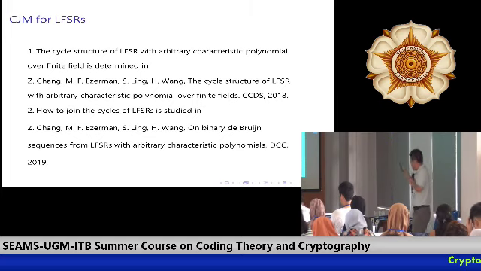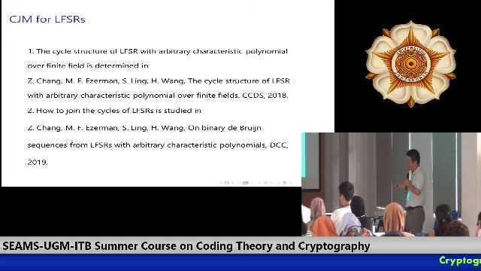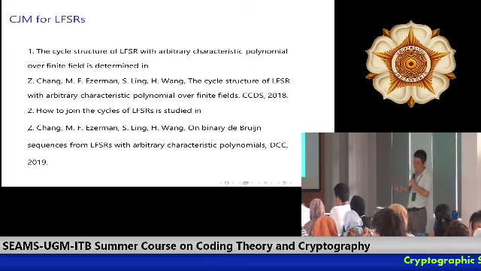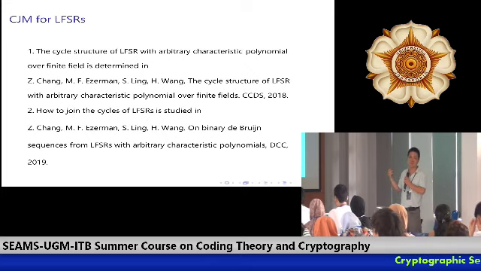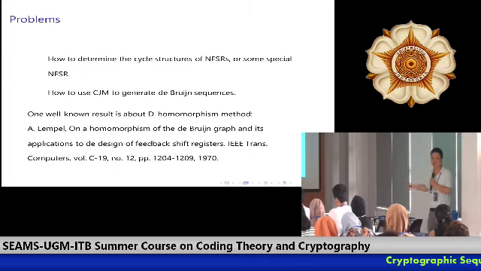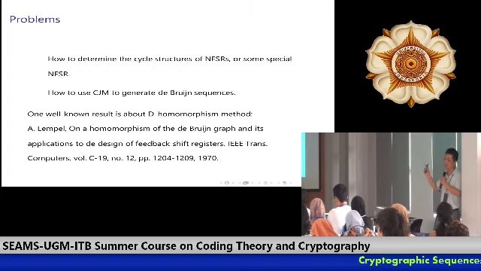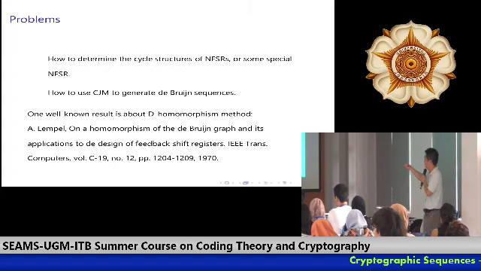And for the remaining problems, there are also lots of problems. Determining the cycle structures of NFSRs is a little difficult. It's hard to do because NFSRs are complicated. There are a lot of different functions.